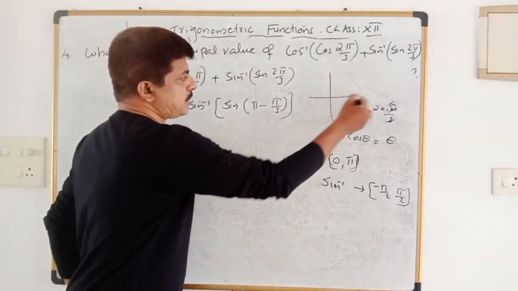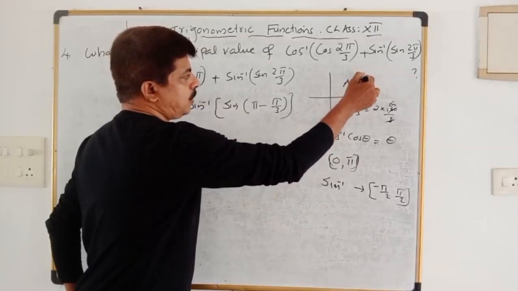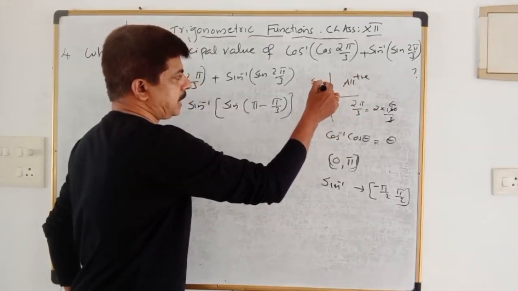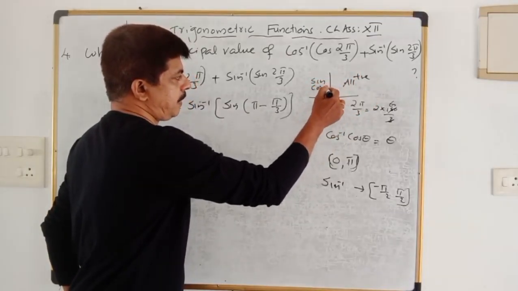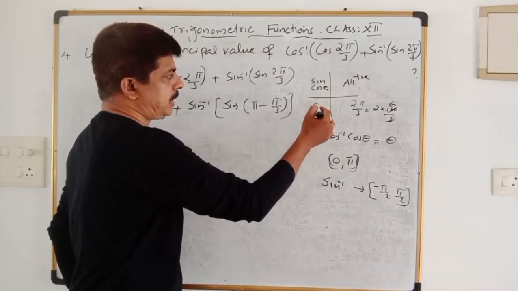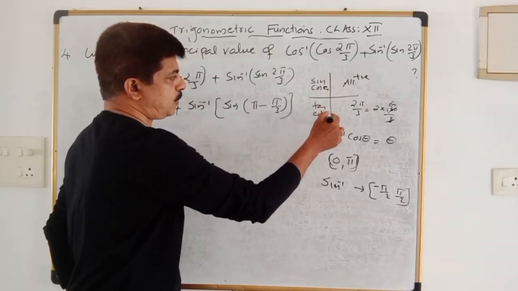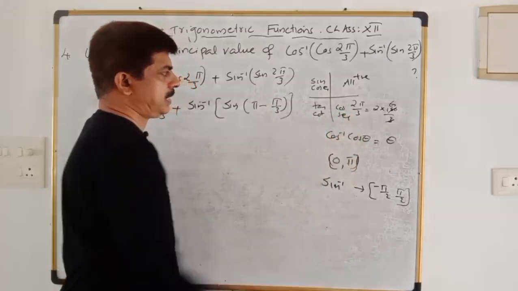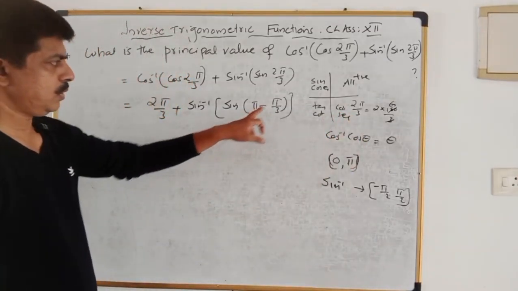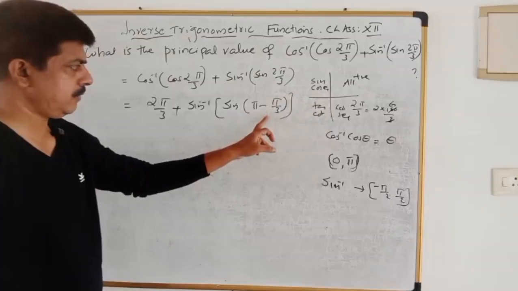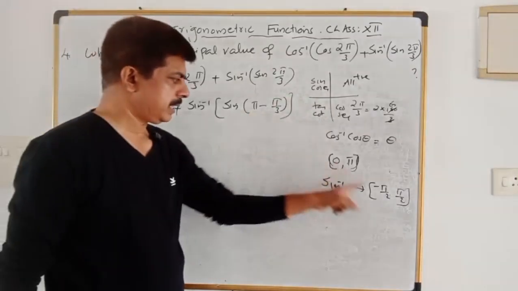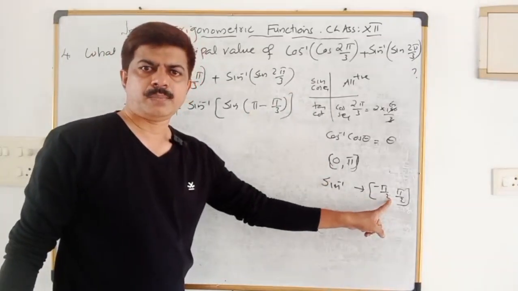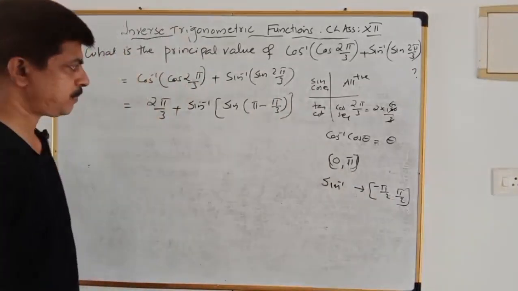We know that in the first quadrant all are positive. In the second quadrant, sine and cosec are positive. In the third quadrant, tan and cot are positive. In the fourth quadrant, cos and sec are positive. So we change to the second quadrant. Then only we can get the solution in the principal value branch, minus pi by 2 to plus pi by 2.